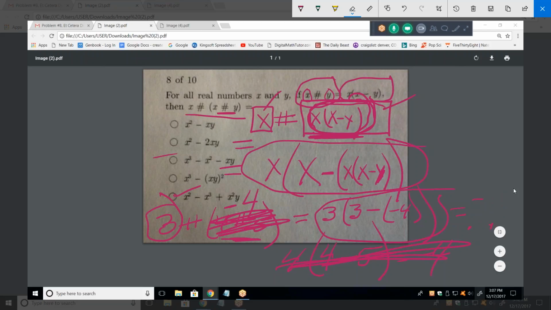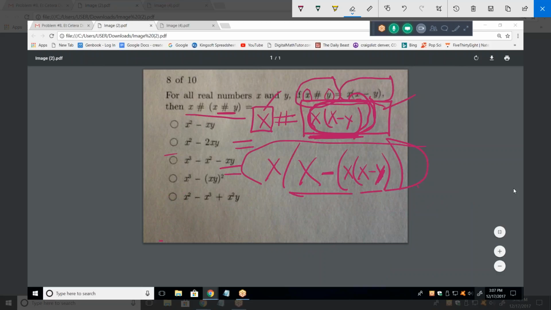What we're looking at there is the answer, it just needs to be simplified. Again, let's go from the inside out. It's x times x minus, so that's x squared minus xy.